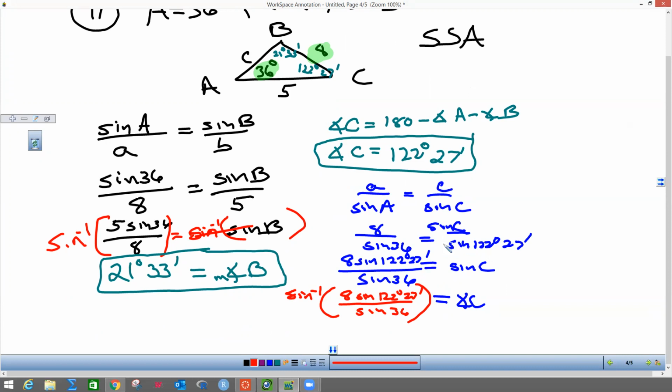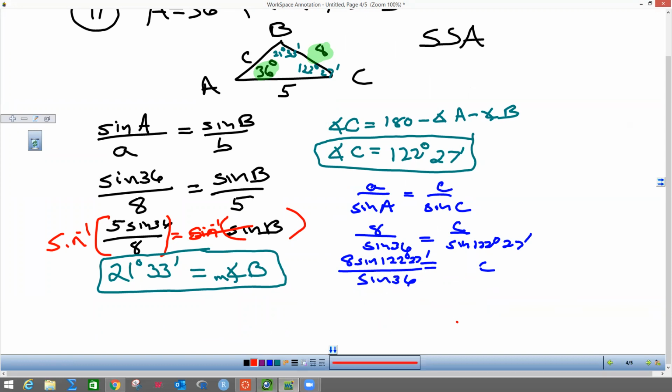Oh, I made a mistake, people. This is not inverse sine. That is just C. My bad. I do not need to do inverse sine. I'm finding the side, not the angle.